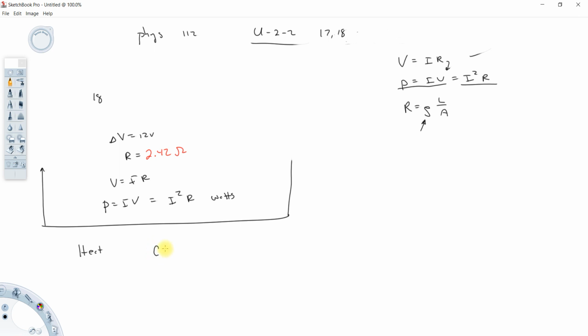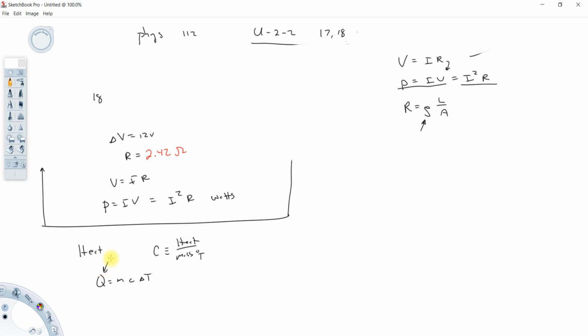Specific heat, usually denoted with the letter C, is defined as heat over mass times degrees centigrade. Really, it's the heat required to raise 1 kilogram by 1 degree centigrade. Equation-wise, Q equals mc delta T is something everybody should be familiar with from first semester.